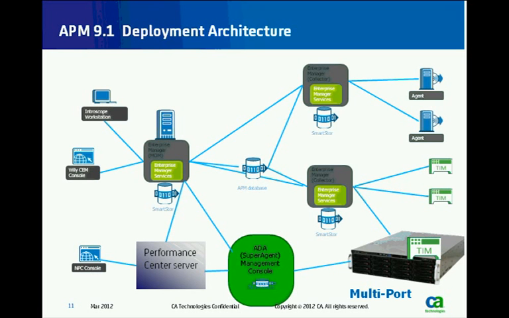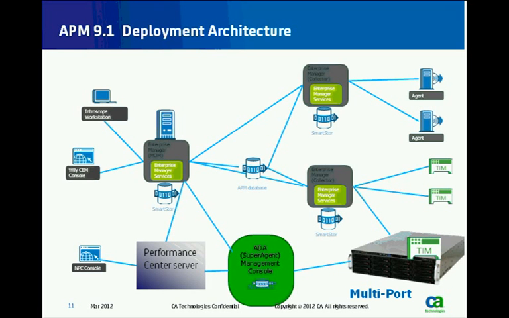In fact, with APM version 9.1, all APM customers are authorized a free copy of Performance Center. And they can then add APM as a data source into that Performance Center and view the data, and then from there link their APM data to the related infrastructure data. And we'll take a look at that in today's demo as well.